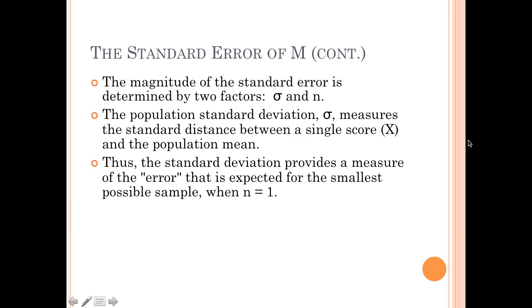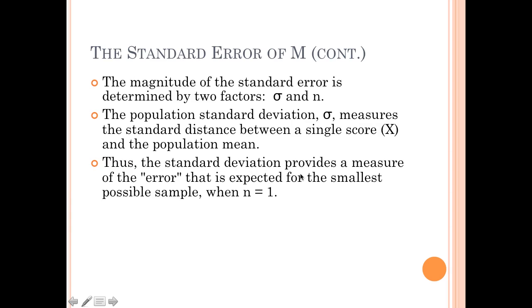The magnitude of these standard errors is determined by two factors: the standard deviation and the sample size. The population standard deviation measures the standard distance between a single score and the population mean, and when you divide it by the square root of the sample size, it standardizes it.